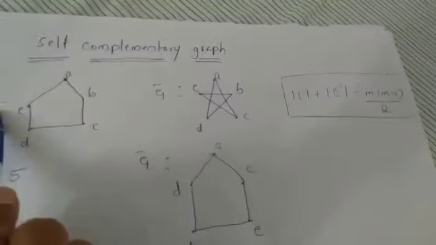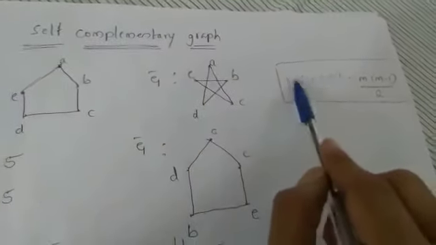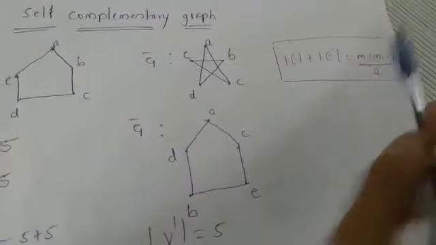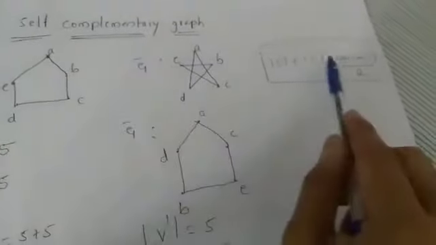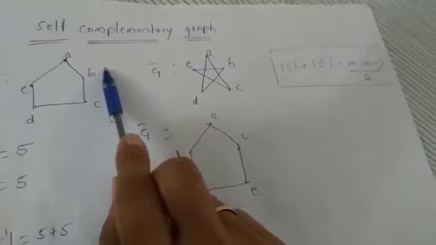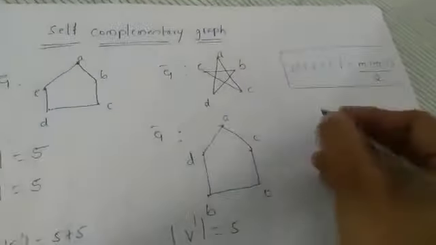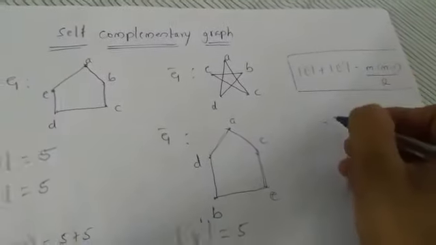If a graph is self-complementary, then the sum of the two edge sets is equal to m into m minus 1 divided by 2. We cross-verify this for this example. Here m stands for the number of vertices. How many vertices are there? 5 vertices. Therefore I will put m is equal to 5 here.